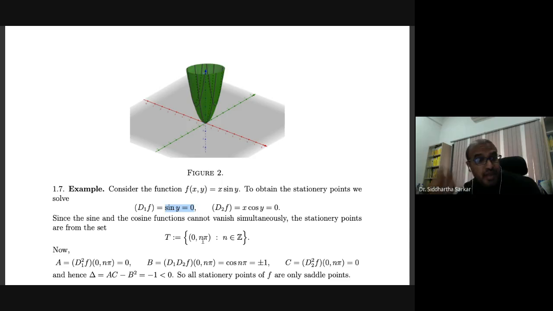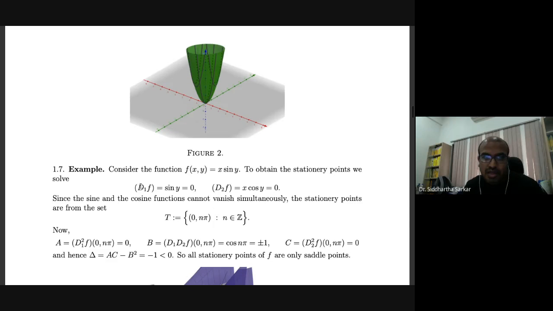And then I also have to look at x cos y equal to 0. And remember, sin y and cos y cannot simultaneously vanish. So if sin y is 0, cos y is necessarily non-zero. So x is forced to be 0. So the points where nabla f is 0 are precisely these points.